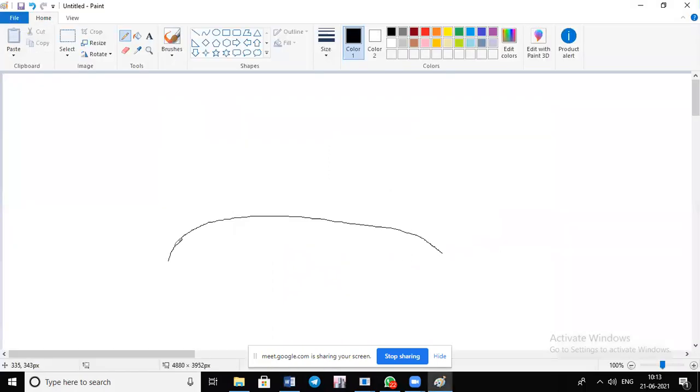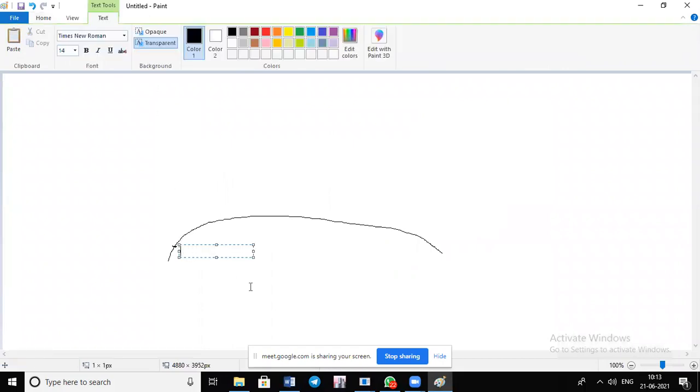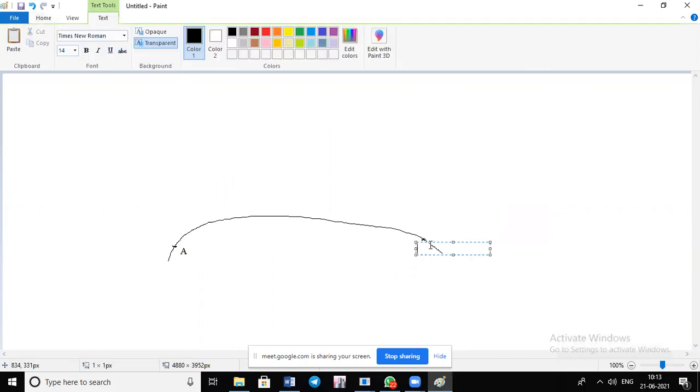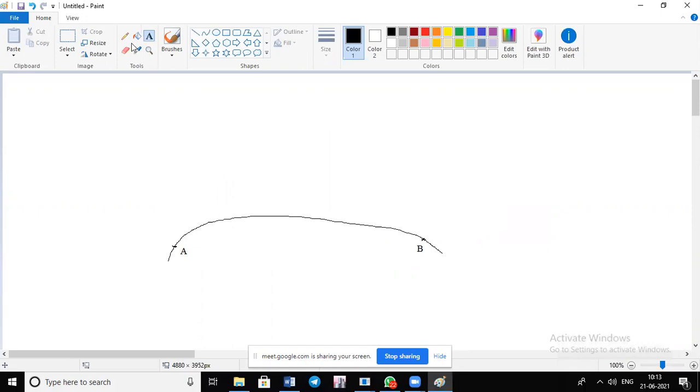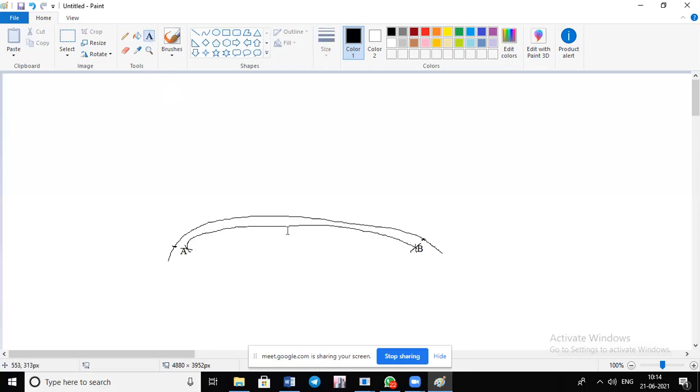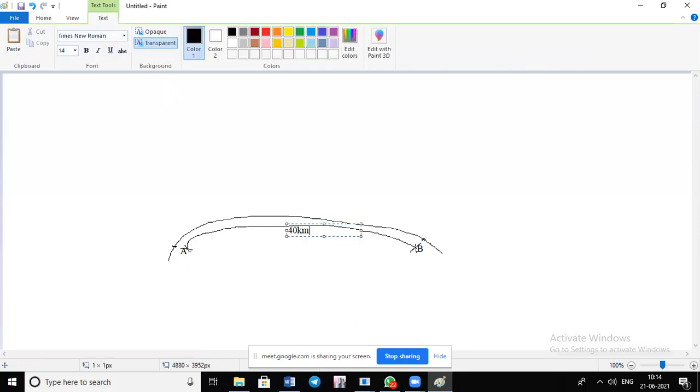So I'll mark this point as point A, and let this be point B. From here to here, the curve distance is 40 kilometers.